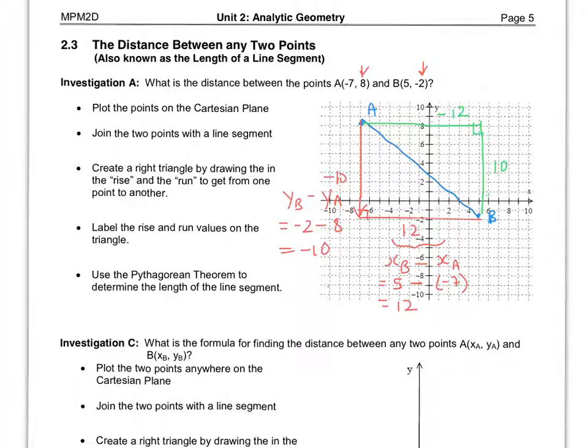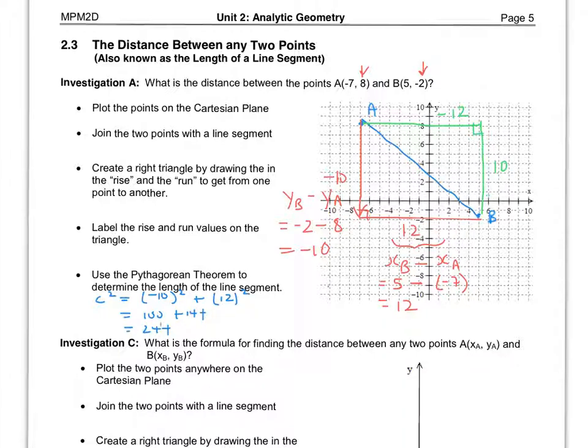So again, we can use the Pythagorean theorem to find the length of our line segment. We know that c squared, my hypotenuse squared, would equal negative 10 squared, or we can just use 10 because it's just a distance. When I square it, that negative is going to become positive anyway, plus 12 squared. So that would give me 100 plus 144, and that's an answer of 244.